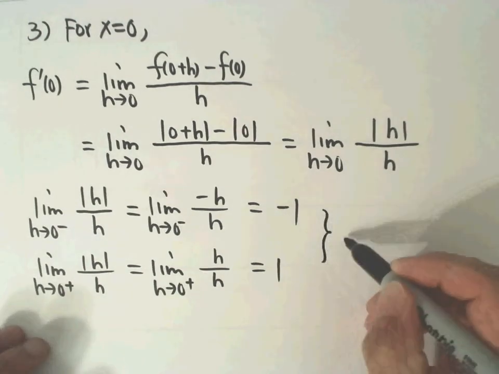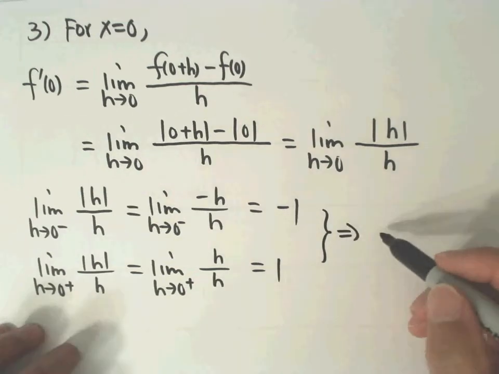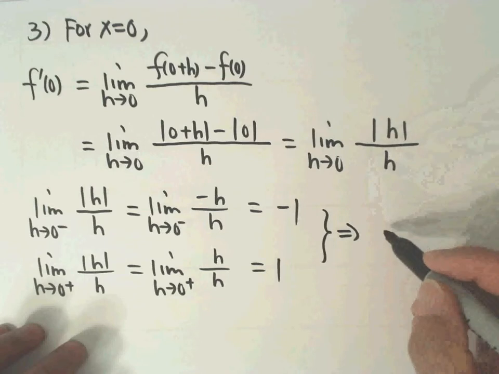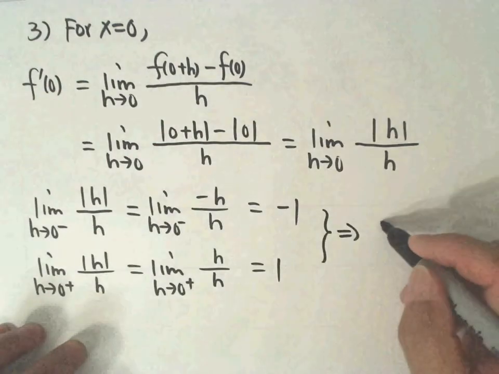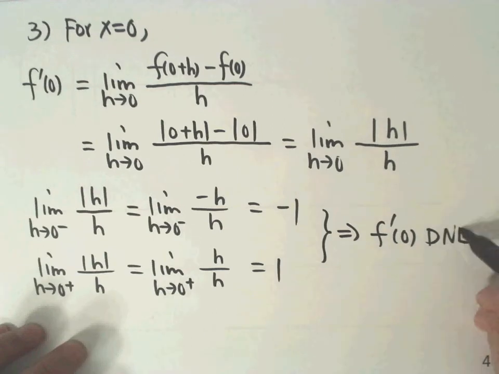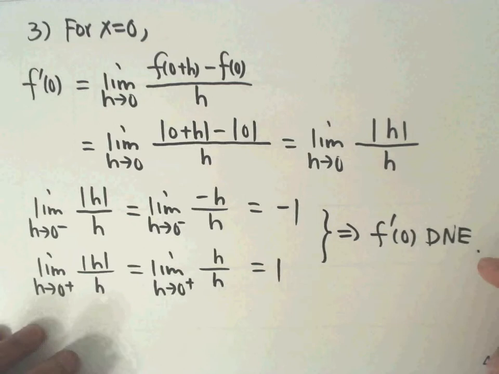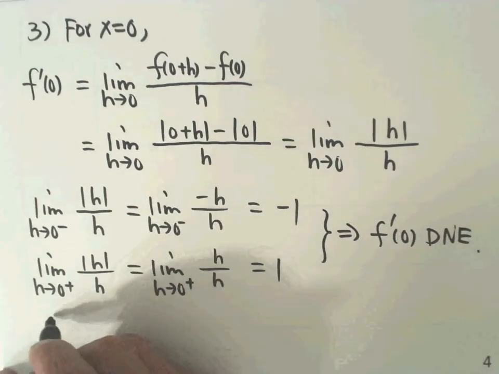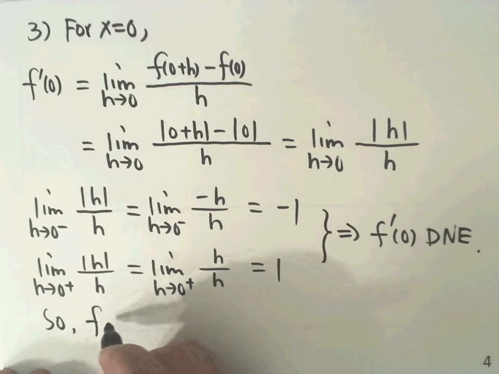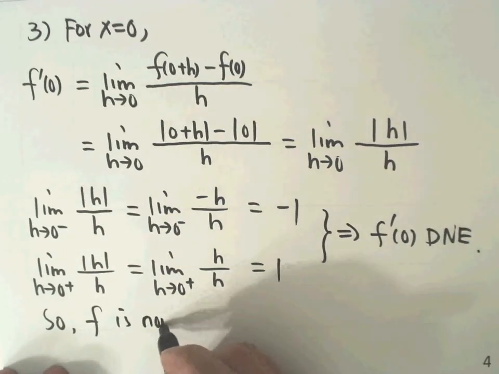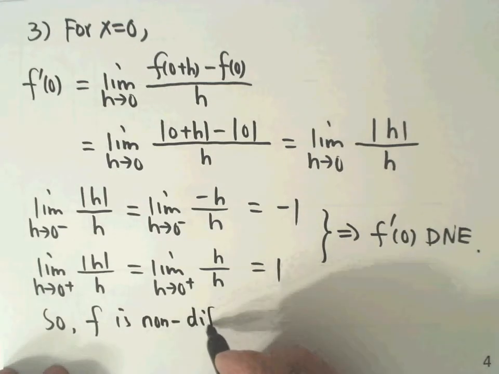Okay, so this means the limit does not exist, which means the derivative does not exist, which means it is not differentiable, right? So we make a conclusion: f is not differentiable, or usually we say it is non-differentiable.